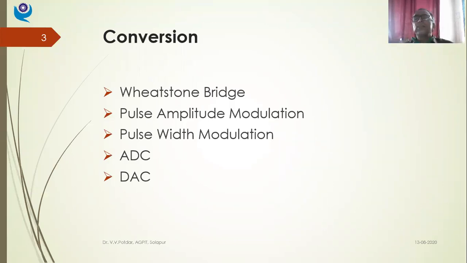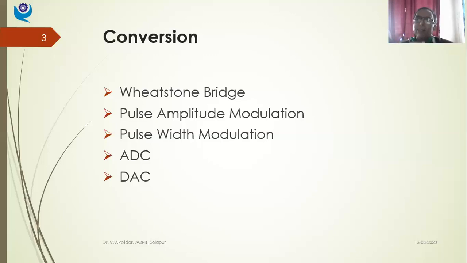What is a strain gauge? A strain gauge is a thin conducting resistance wire. So that strain gauge is also subjected to resistance change. So what is the transduction here? The strain, that is change in length to original length, is strain. So the change in length is getting converted into change in resistance.